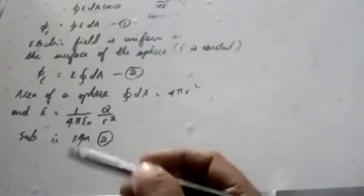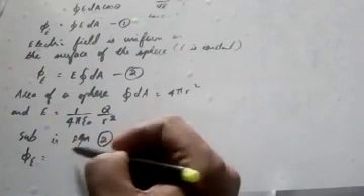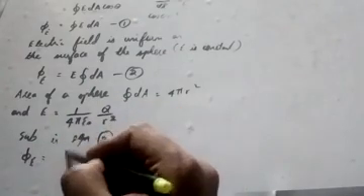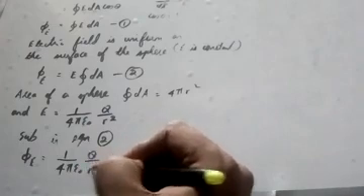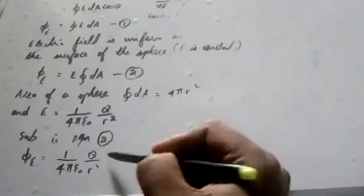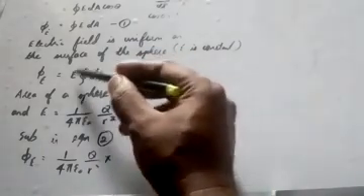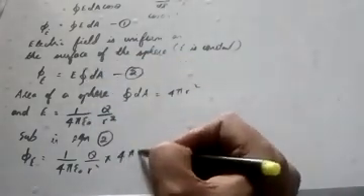So when you substitute in equation 2, we have electric flux phi E is equal to E, instead of E we have 1 by 4 pi epsilon naught into Q by R square, then into the closed integral of dA, that means 4 pi R square.